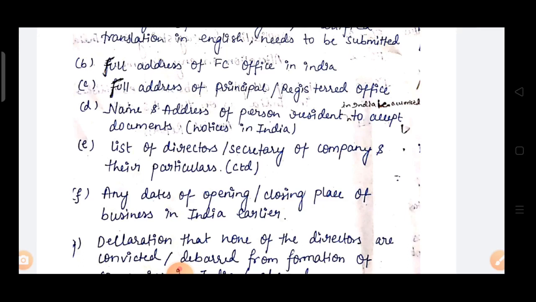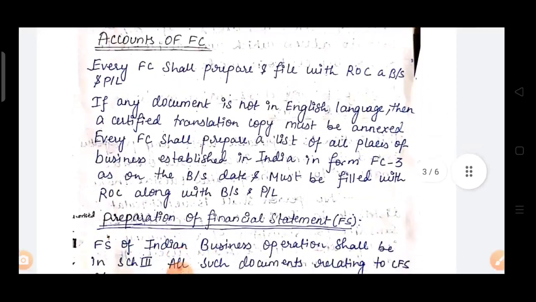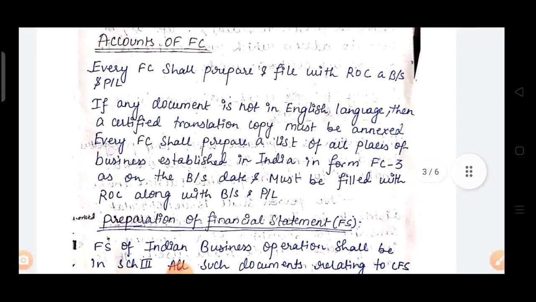Even if it is not actually served to the foreign company, if it is served to the person resident in India, it will be termed as sufficiently served. That's why his name and address was demanded by the ROC. The ROC will not deliver these documents to the actual foreign company incorporated outside India. It will address them to the authorized person resident in India.